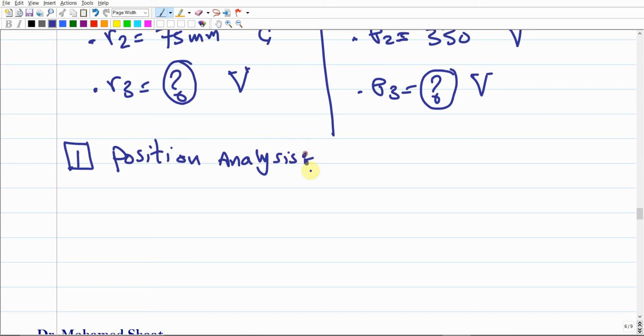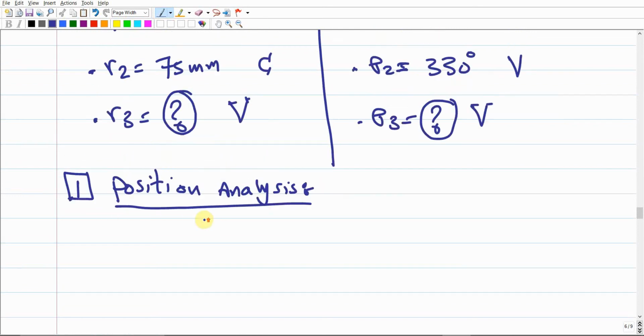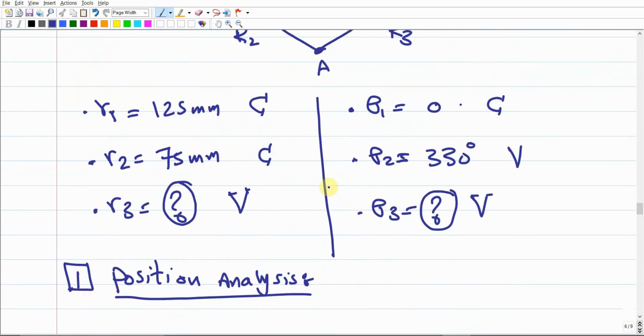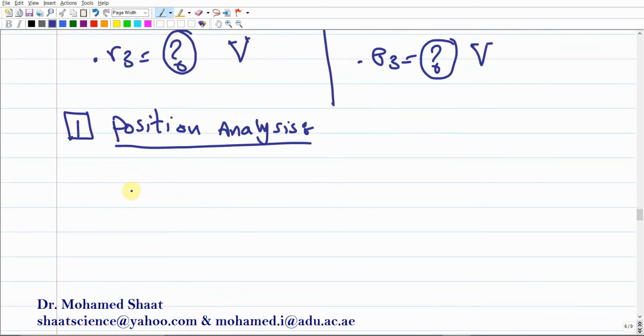For the position analysis, the key idea, as we mentioned multiple times, is just to form the loop closure equation. If we look at this mechanism or this loop, we have R2 rotating in the same direction as R3, but R1 is in the opposite direction. So we're gonna say that R2 vector plus R3 vector equals R1 vector.